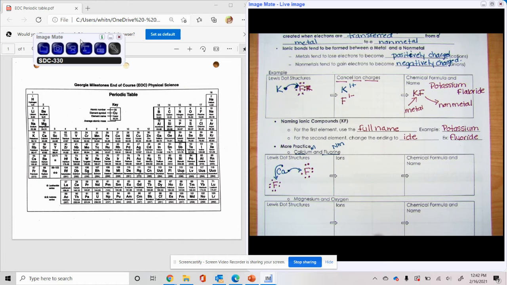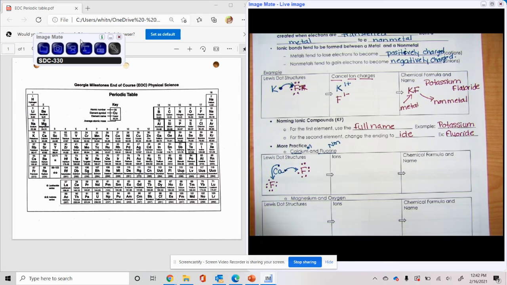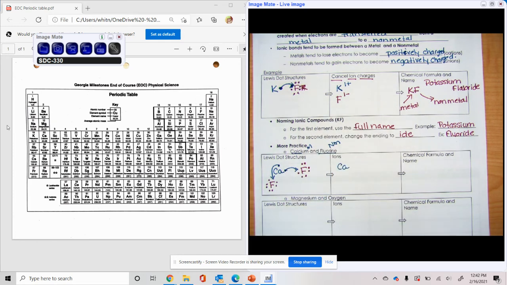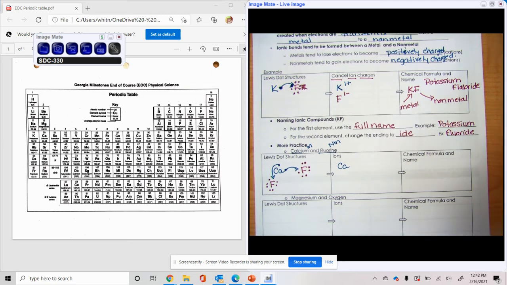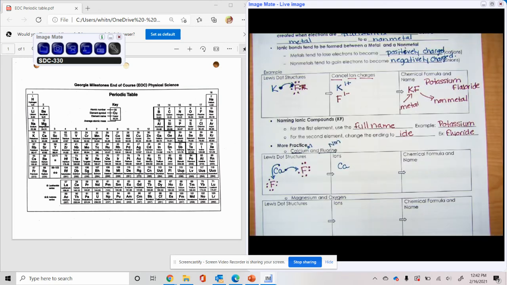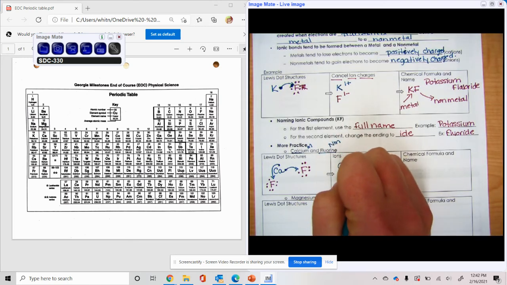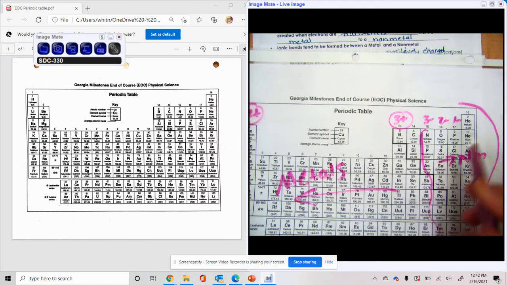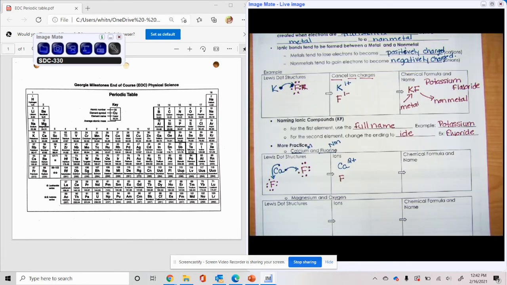Okay, and so let's just double check ourselves using the ions. So my metal is calcium. The oxidation number for calcium, if you look back at our periodic table, calcium is here. It is a 2+ charge. So it has a 2+ on it. Fluorine, let's look at our periodic table, has a 1- charge.